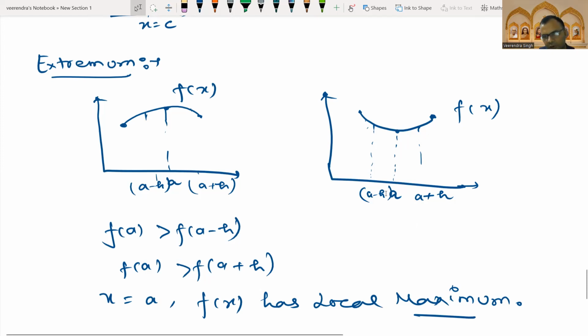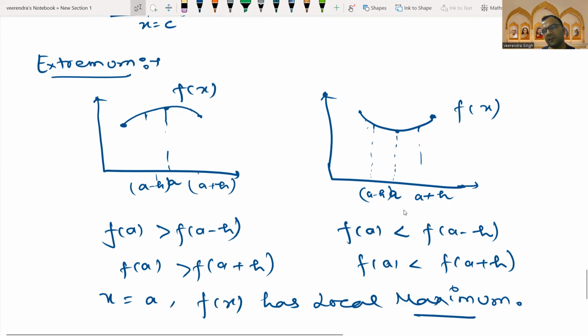So in the neighborhood of the point A, the values are more, and at the point A, the value is less. Mathematically, we can write it as f of A is less than f of A minus h, and f of A is less than f of A plus h. That means that at the point x equals A, the value is less. So we have a local minima at the point x equals A if these two conditions are satisfied.